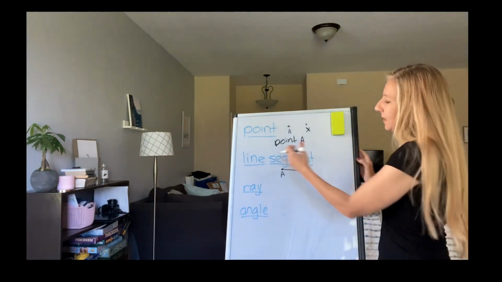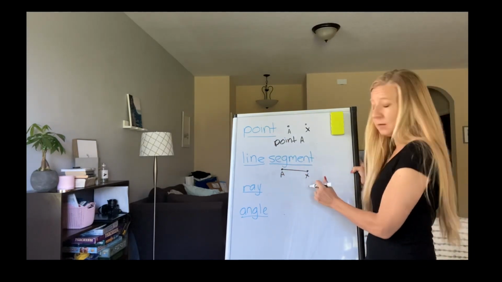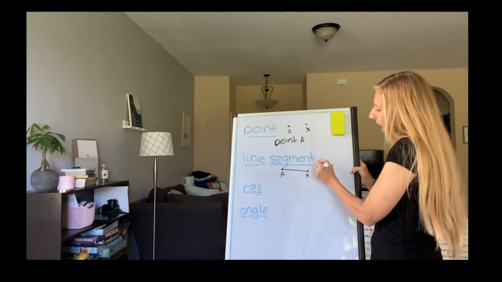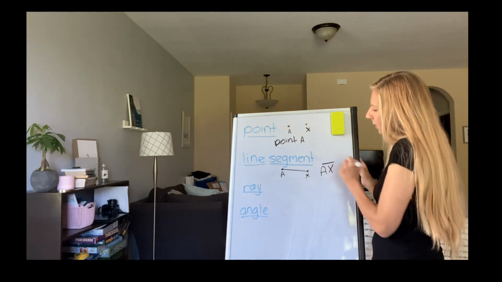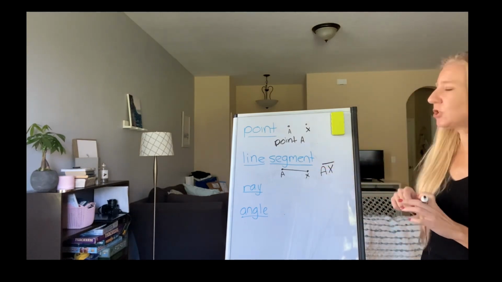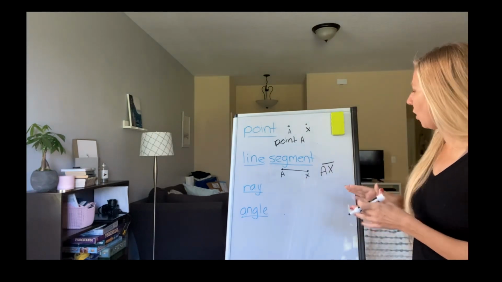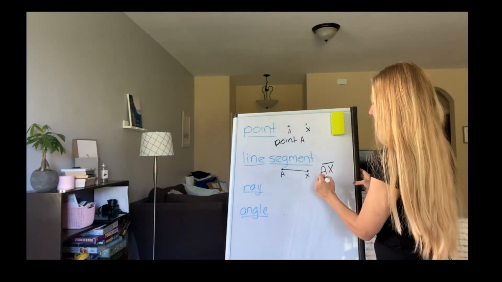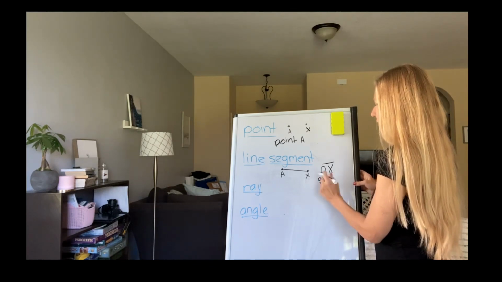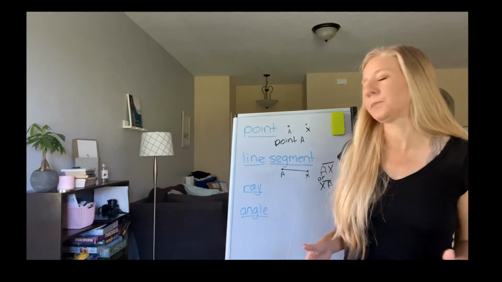And the way we write the name of this line segment is the 2 points, A and X. And above that, we draw a little straight line, just showing that that's what is connecting them. You can also write it as XA because it can go either direction. A line segment does not have a specific direction.